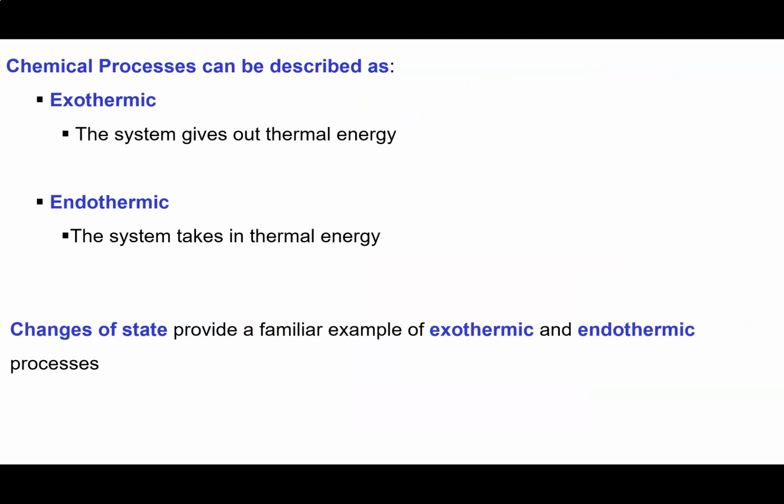So chemical processes can be classified as being either exothermic or endothermic, depending on whether they take in or give out thermal energy or heat. And thermal energy is just another term for heat. So a reaction is described as being exothermic if it gives out thermal energy. So that example of respiration is exothermic.